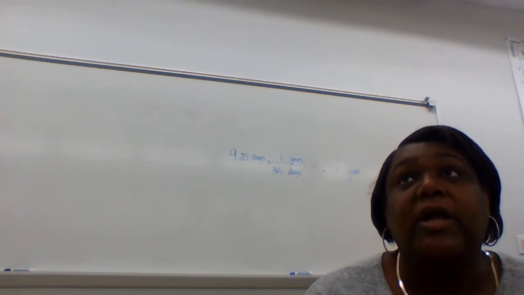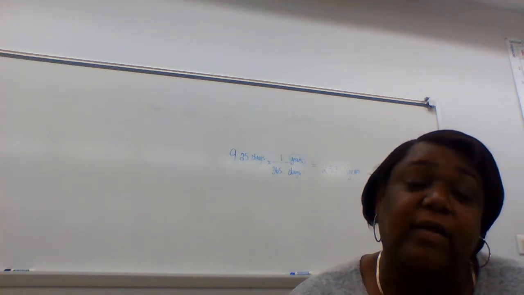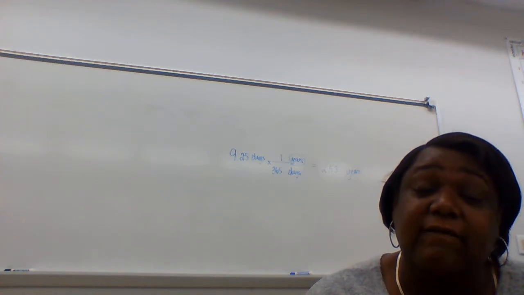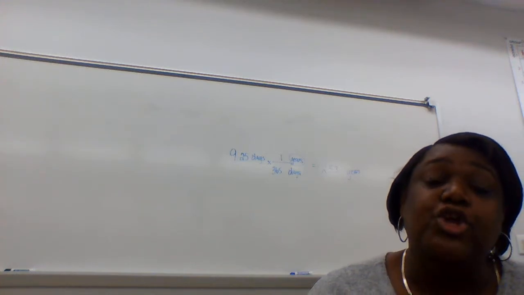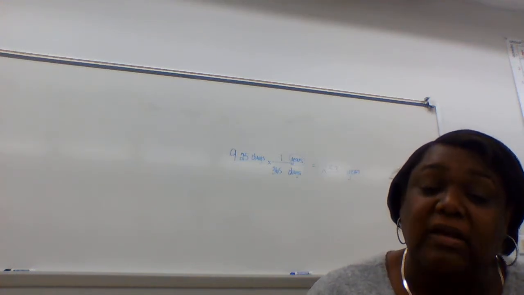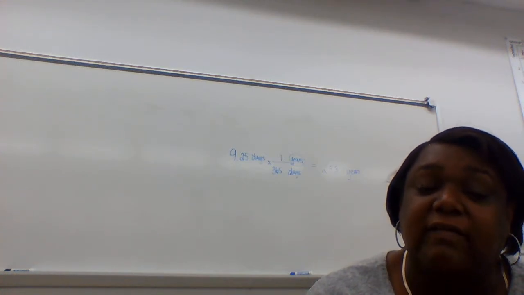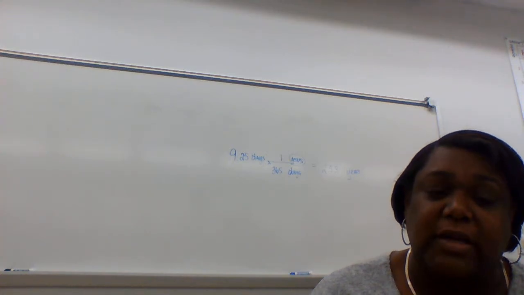Or if you're going from one unit to another, like if I give you something in milliseconds and I ask you to give me that whatever it was in minutes, again, you know a conversion that goes from milliseconds to seconds, and then from seconds to minutes, but you don't know a conversion that goes directly from milliseconds to minutes.